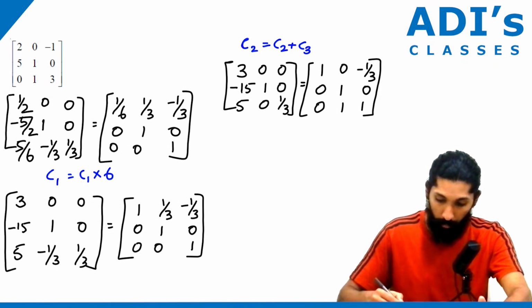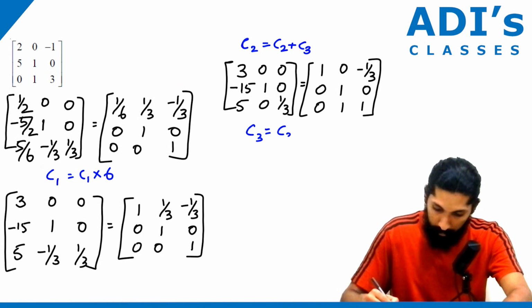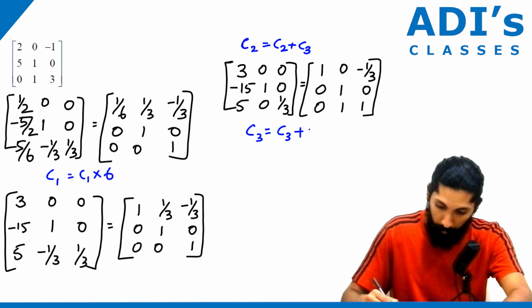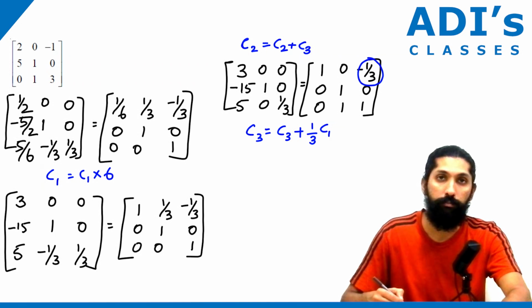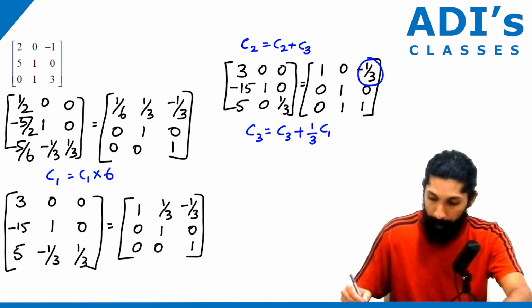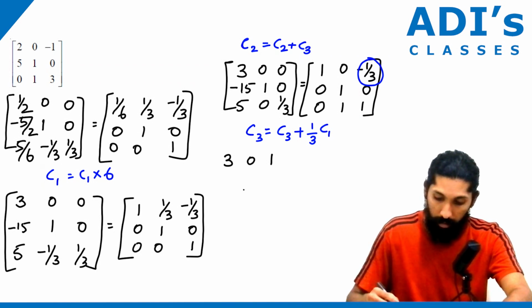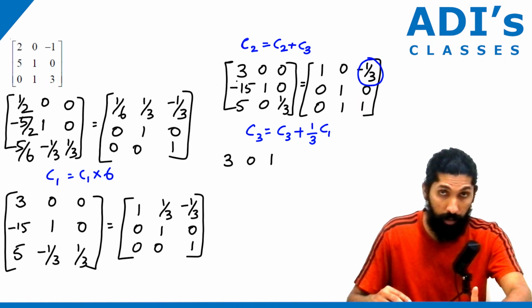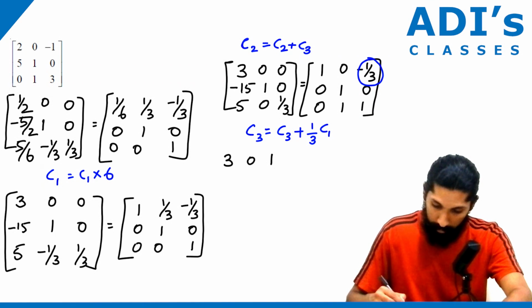Now we'll take C3 is equal to C3 plus 1 by 3 times C1, because this value will become 0. That's why. So when you do this, you are going to have 3, 0, 1, because 1 by 3 times 3 is 1, and 1 plus 0 is 1. Next, minus 15, 0.